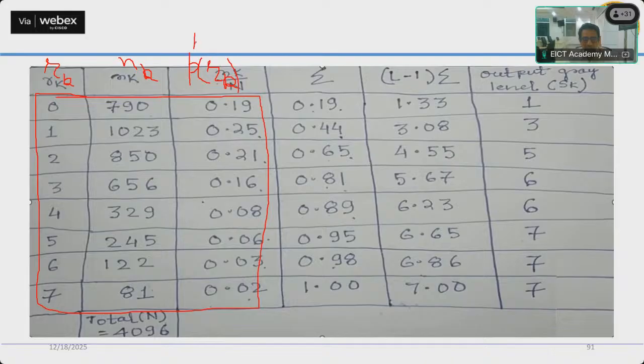Please see in the problem. So how can it be the same as this one? So what is S of K? Can you point out the value of S of K?